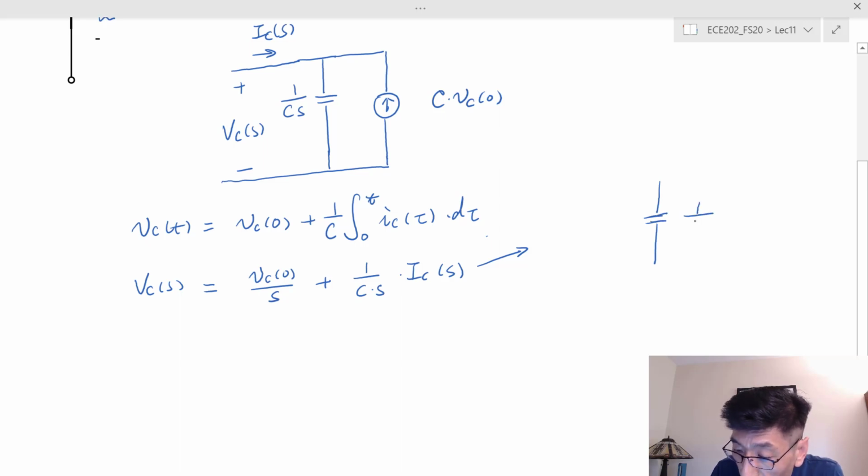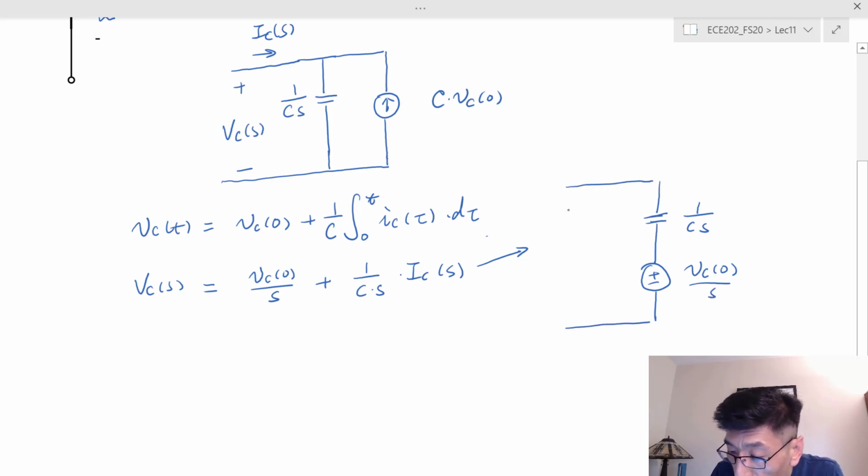I have this component here, 1 over Cs, and I have the voltage, and this voltage is going to be V sub C(0) over s, right? And this is going to be the total voltage V sub C(s), right? And pay attention to this voltage here.